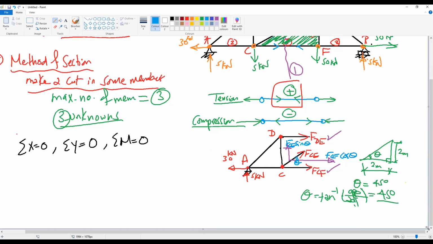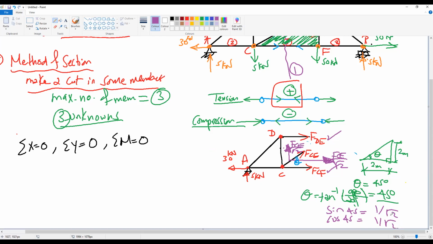So the vertical component will be FCE divided by root 2, and here the horizontal component FCE divided by root 2, because sine 45 is 1 divided by root 2, cosine 45 is 1 by root 2.